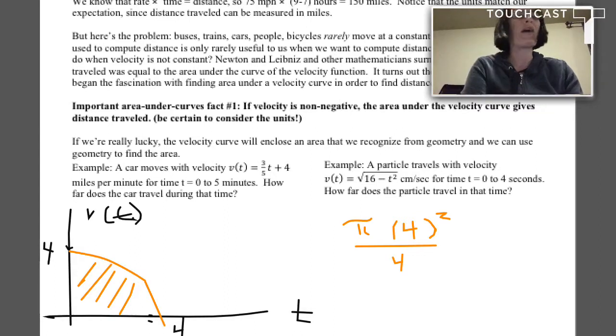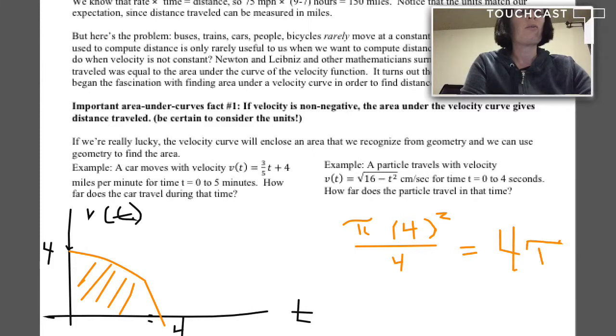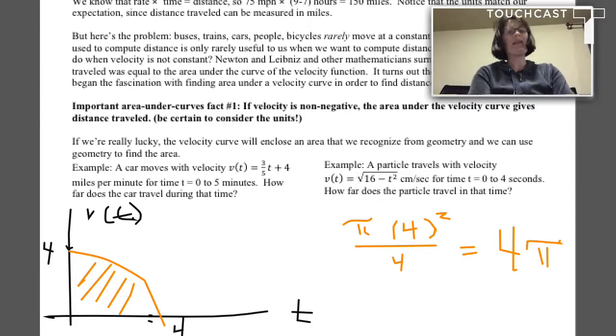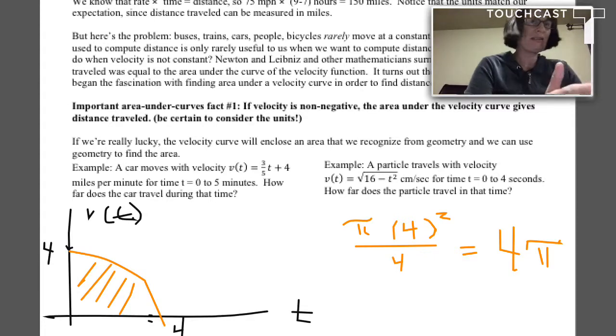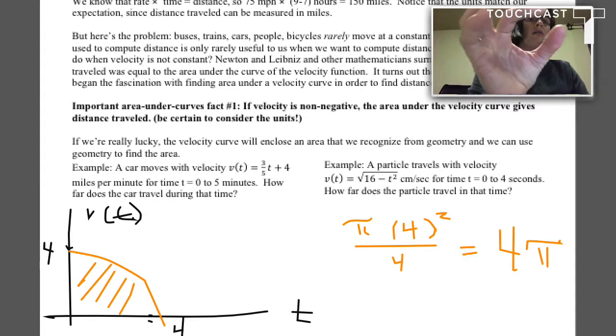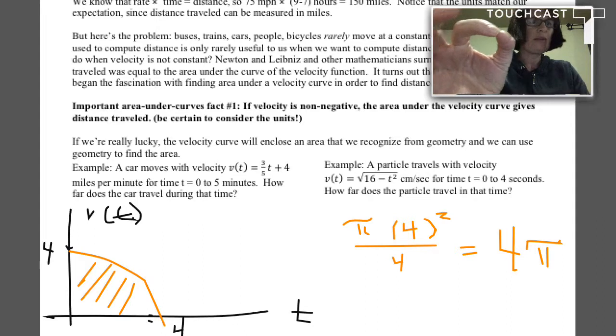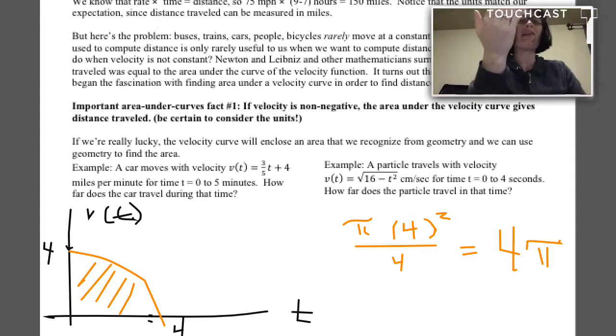So I get 16 pi over 4. 4 pi. And the units again, my units for the time axis are seconds. My units for the velocity axis are centimeters per second. I end up with units of centimeters, so the particle travels 4 pi centimeters.